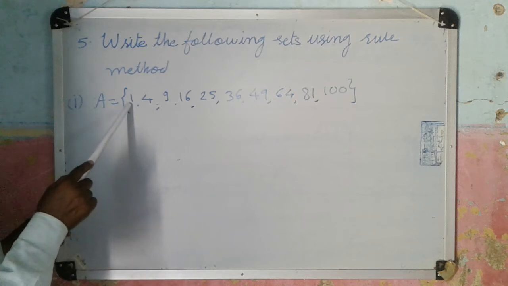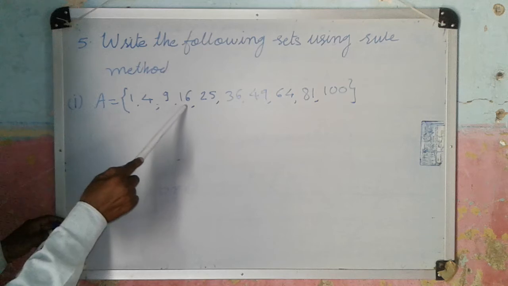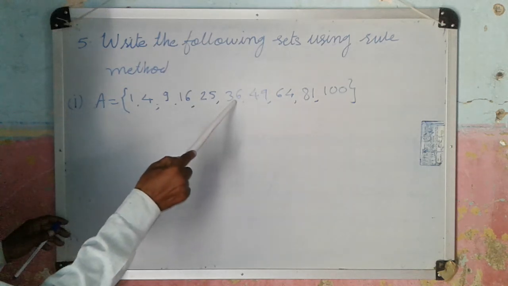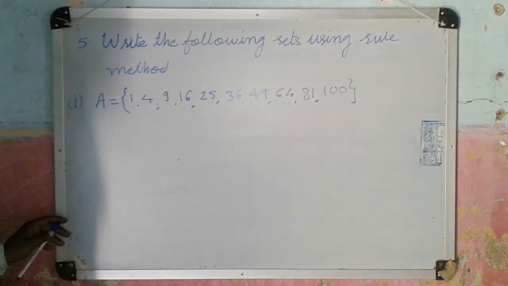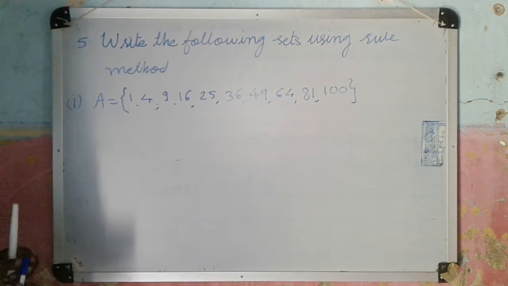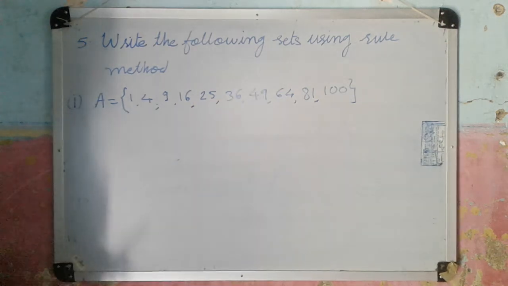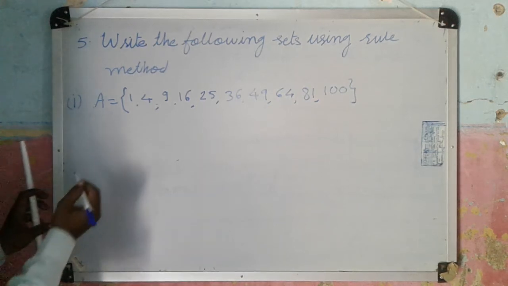This is the square of 1, square of 2, square of 3, square of 4, square of 5, square of 6, and so on, square of 10. So the elements of this set are the squares of numbers from 1 to 10. So you have to write this set using rule method like that.